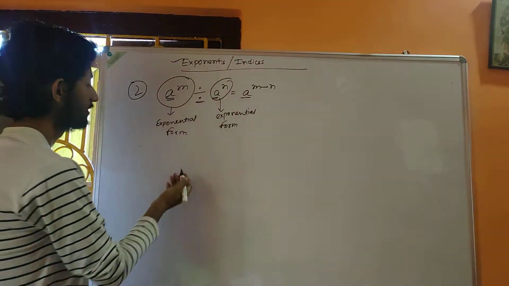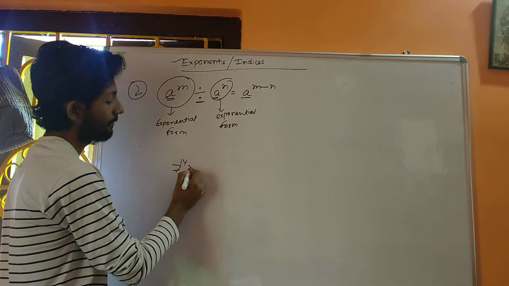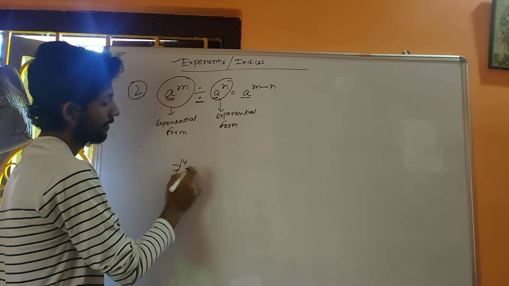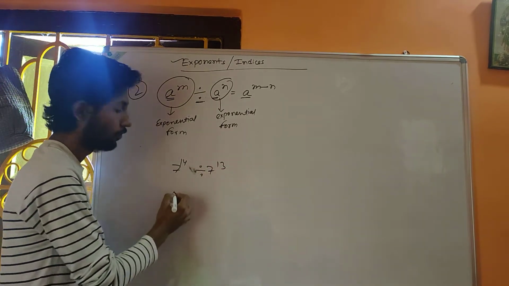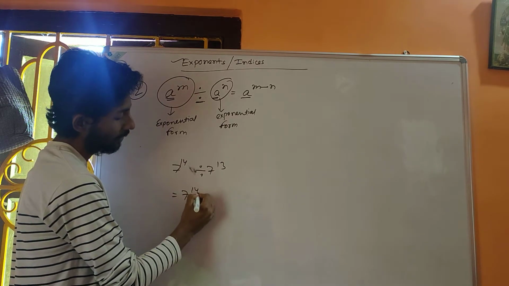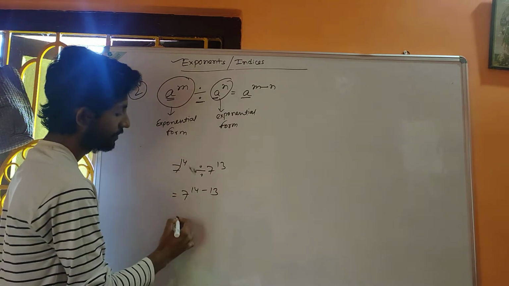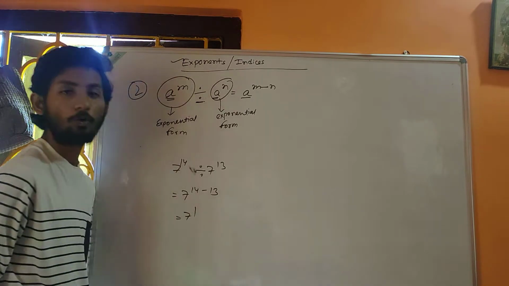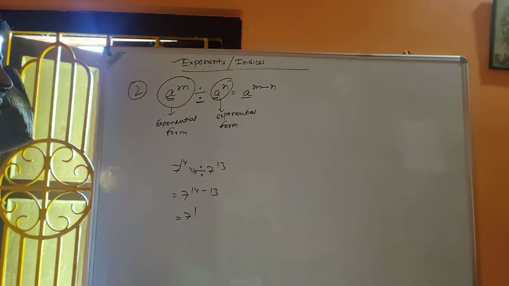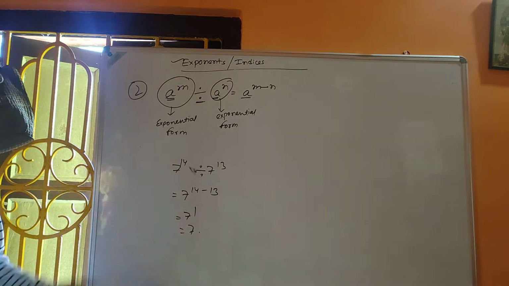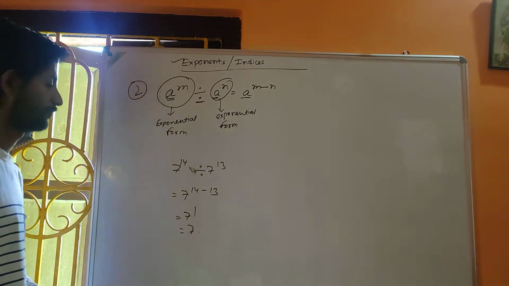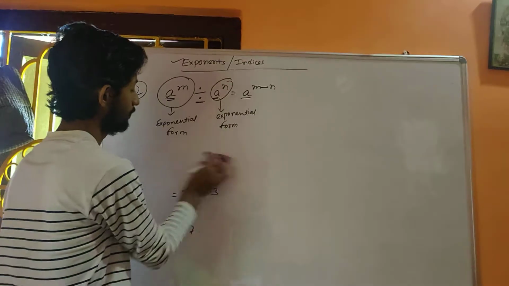Taking the same number, 7 to the power 14 divided by 7 to the power 13 equals 7 to the power 14 minus 13, which equals 7 to the power 1. Okay, and 7 to the power 1 means 7. So that is the second formula.